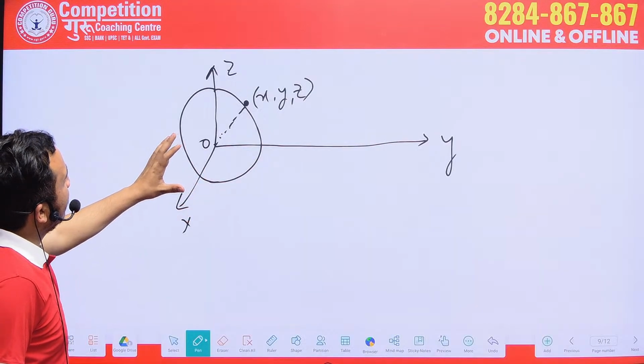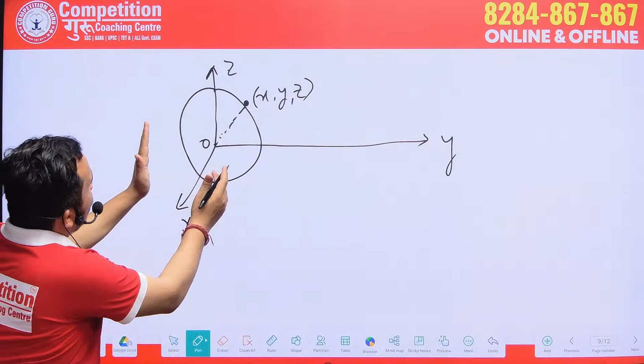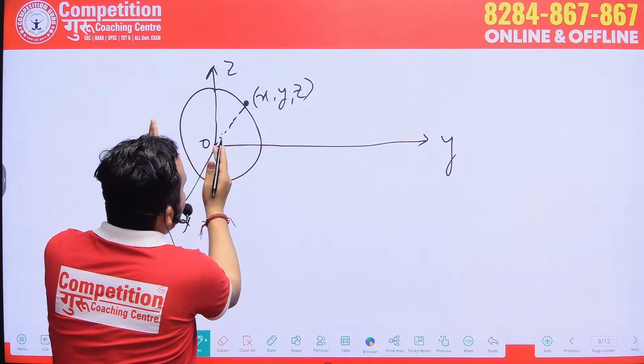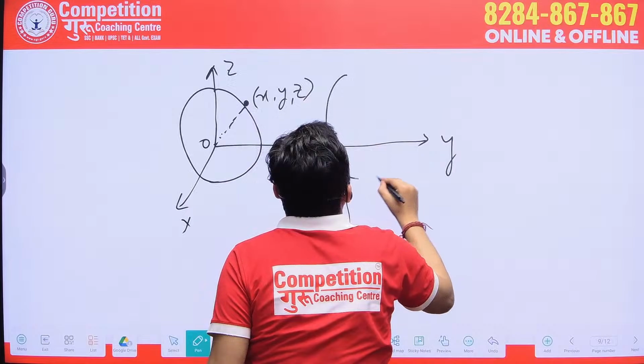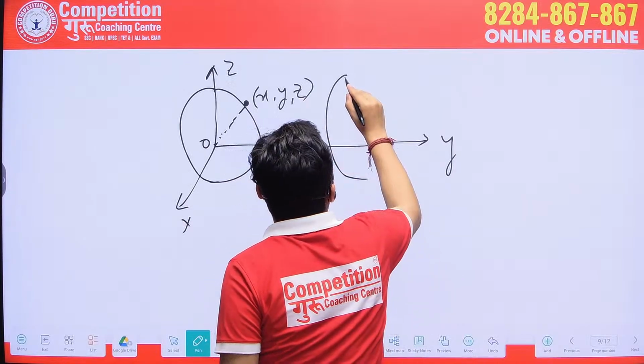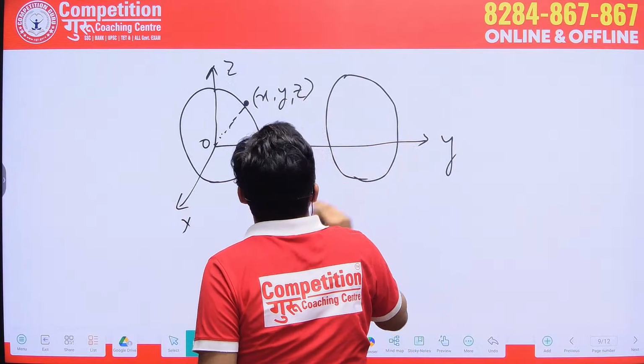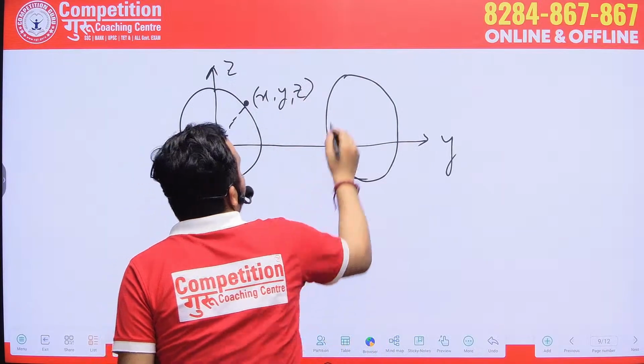Now what is happening is that after some time we move this sphere along this direction. So after some time t, this sphere is at this position.